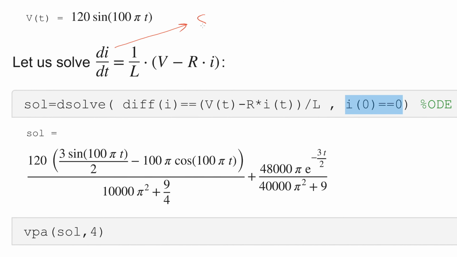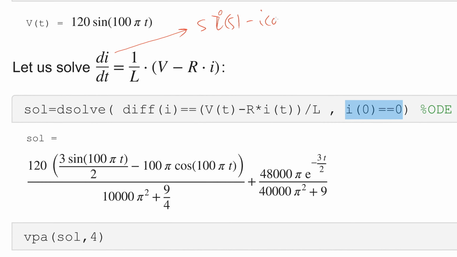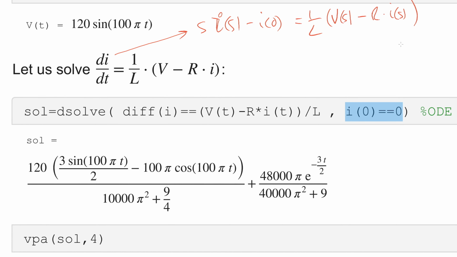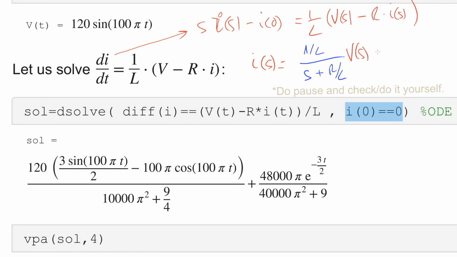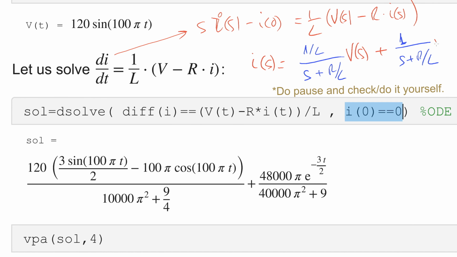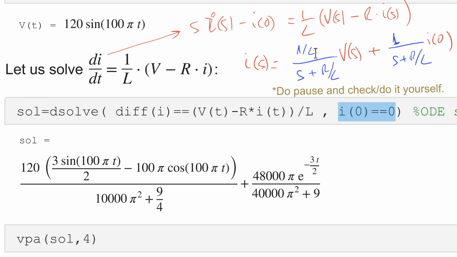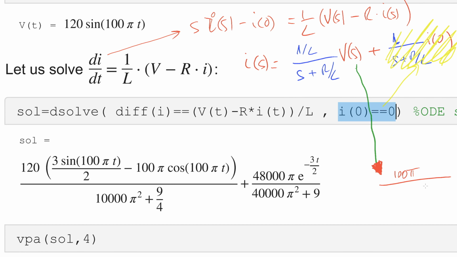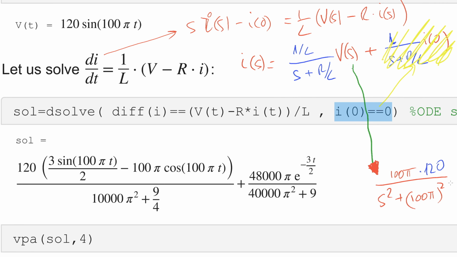So we would transform to s I(s) minus I(0), like this, and then we solve for I(s), which will be this transfer function times the input plus an initial condition term, which in our particular case is 0, and V(s) is the Laplace transform of a sinusoid times the amplitude.